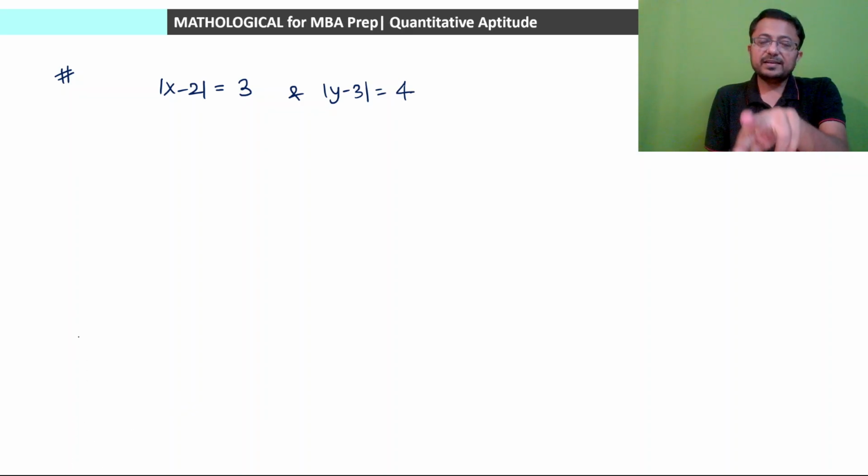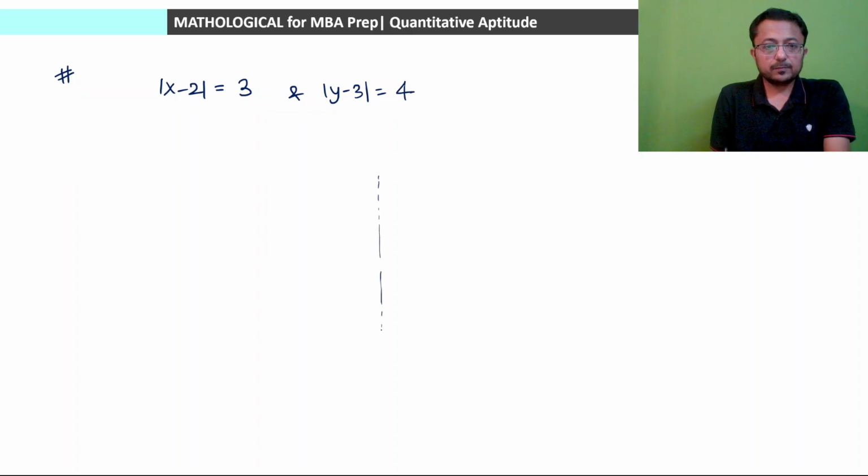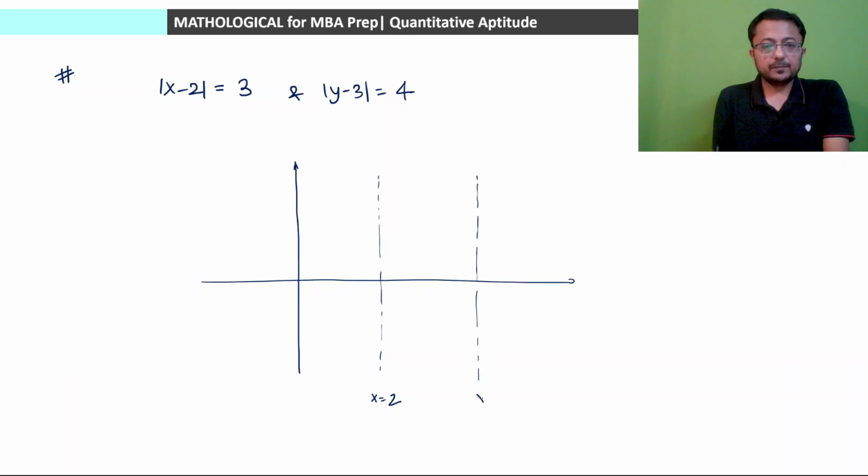So 2 plus 3 and 2 minus 3, there will be two cases, two points. If this is the line x equal to 2, then 2 plus 3 is equal to 5, x equal to 5, and x equal to minus 1.